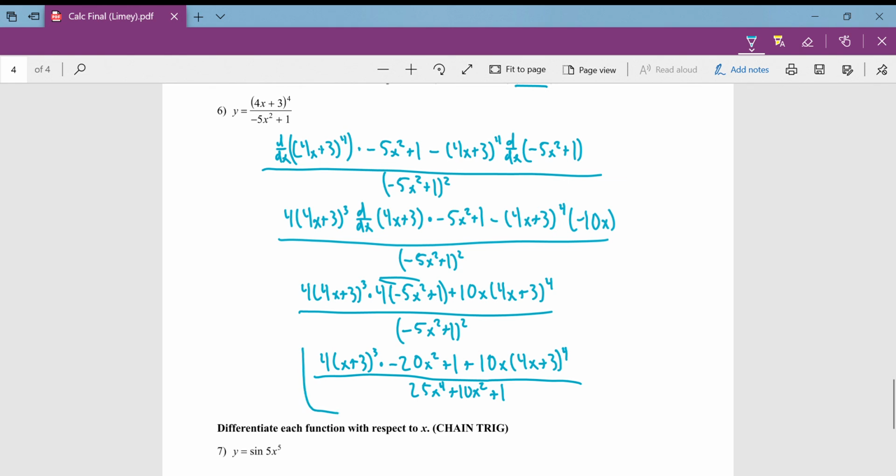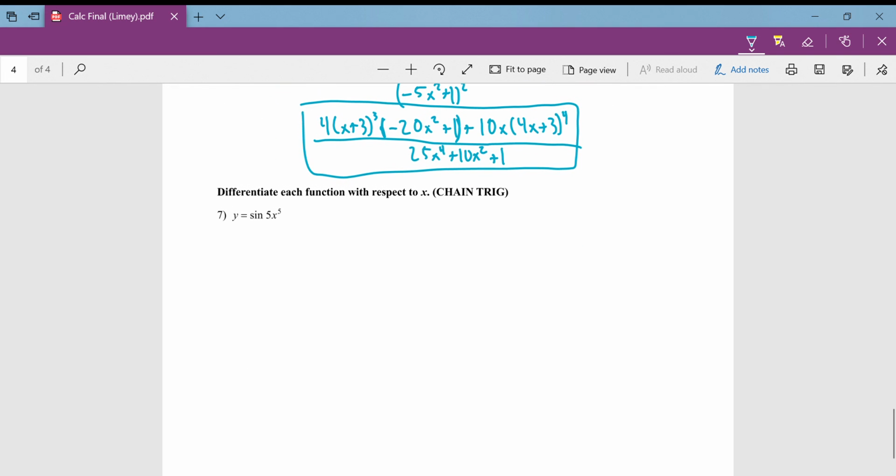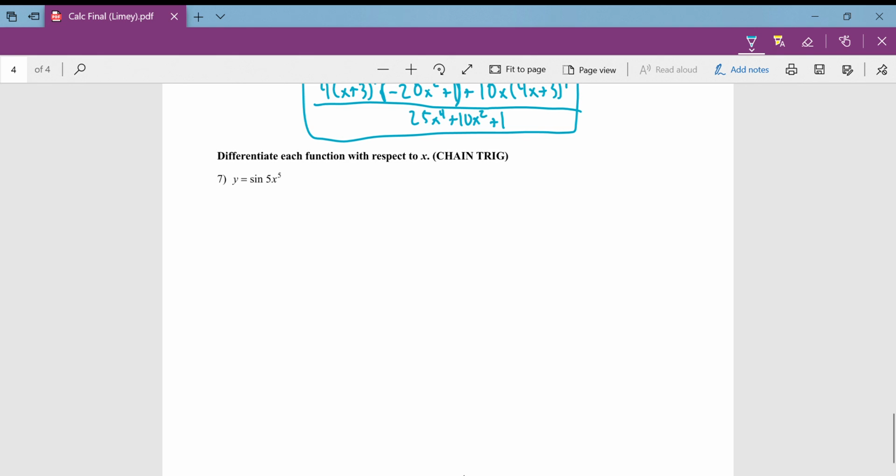And that is your answer. So you just throw parentheses around this. All right, final one. Also super easy.